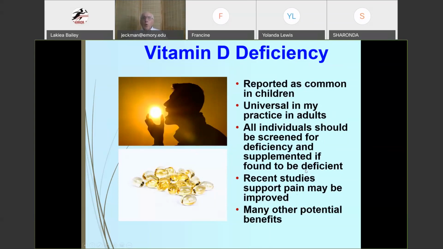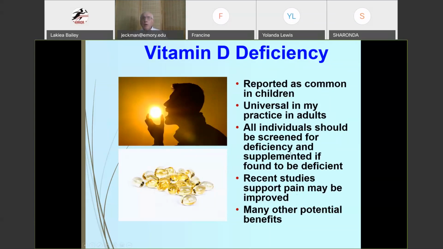And it's very important that the vitamin D level be followed and make sure that it stays in a normal range. And there's a lot of different ways of supplementing the vitamin D, and I'm not going to go into that.